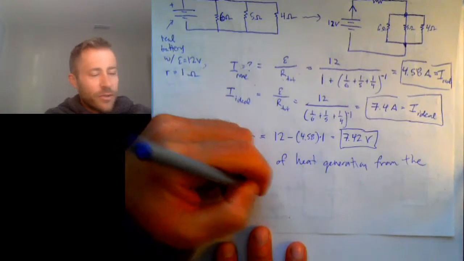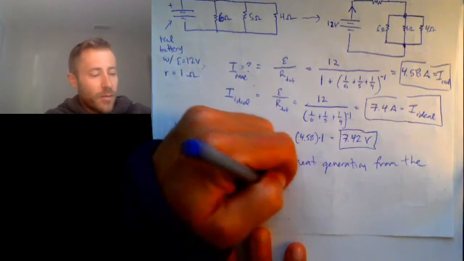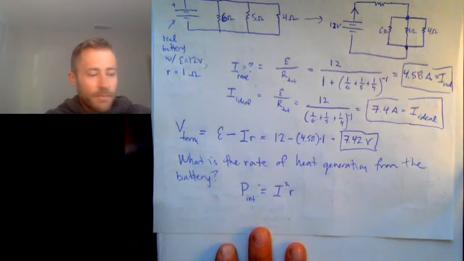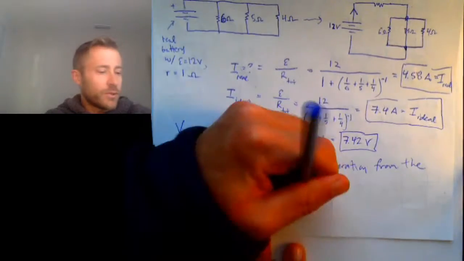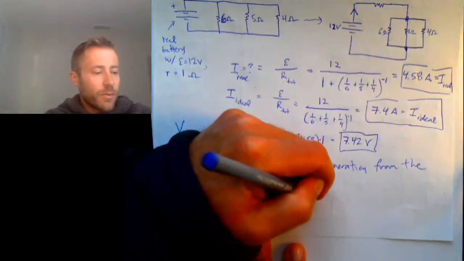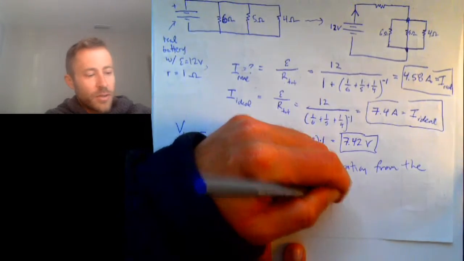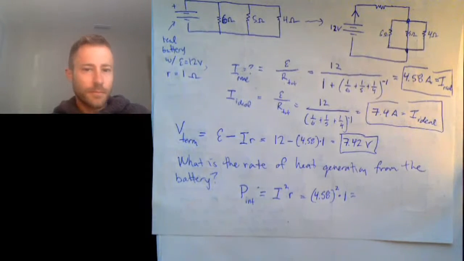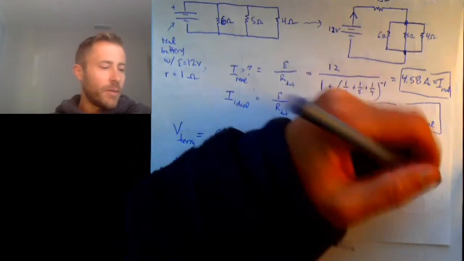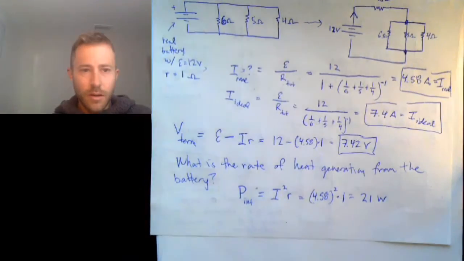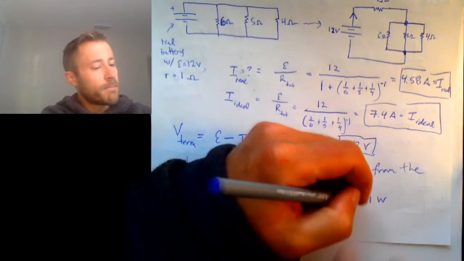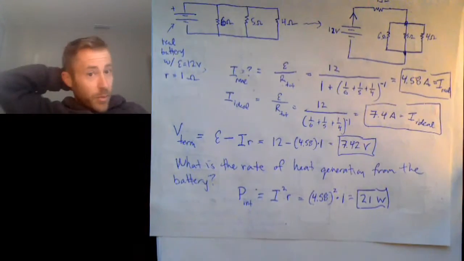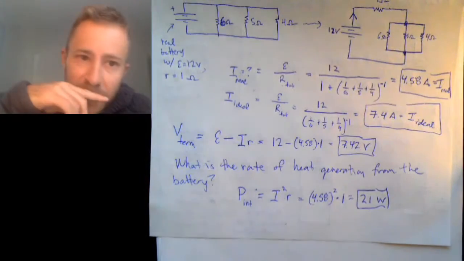There are multiple equations for power, but I'm going to use the I squared R version. Again, this resistance is only the internal resistor. I'm going to use the actual current that flows, 4.58 squared times the internal resistance, which is 1. And so we get about 21 watts, so 21 joules of heat per second are produced by the battery. Now this is kind of interesting.